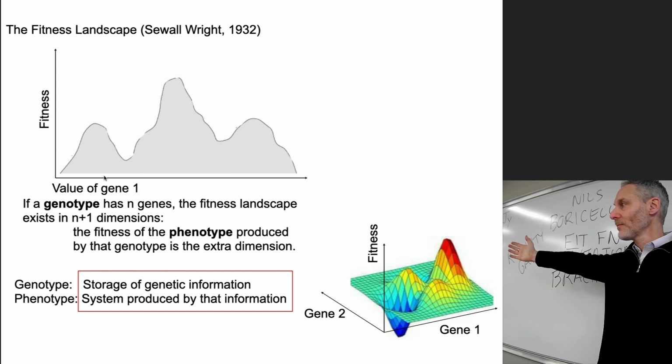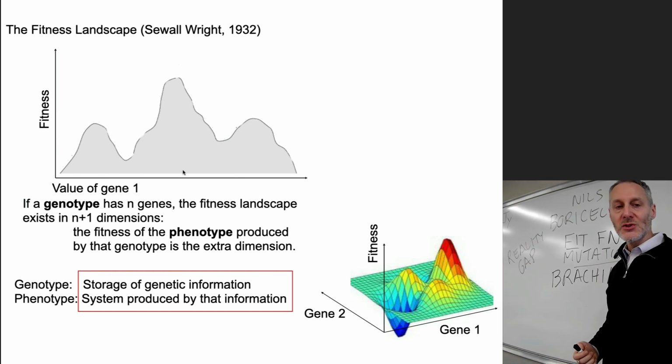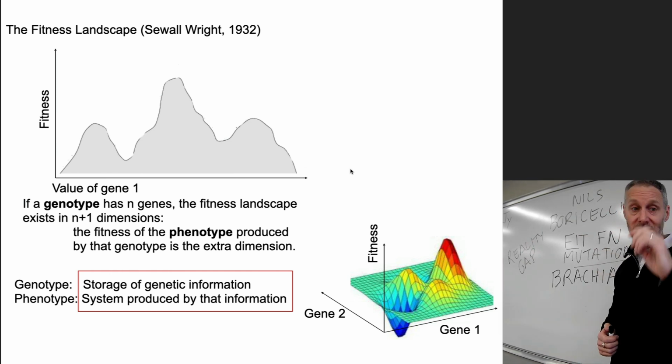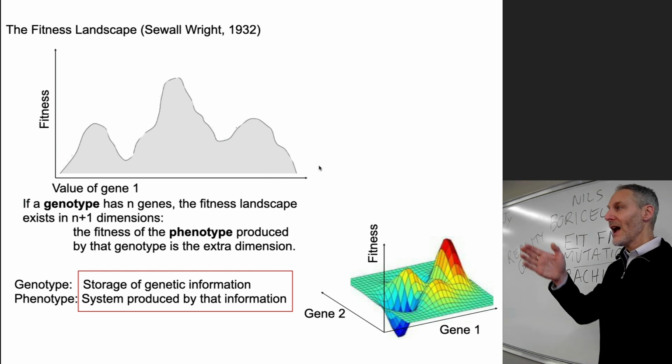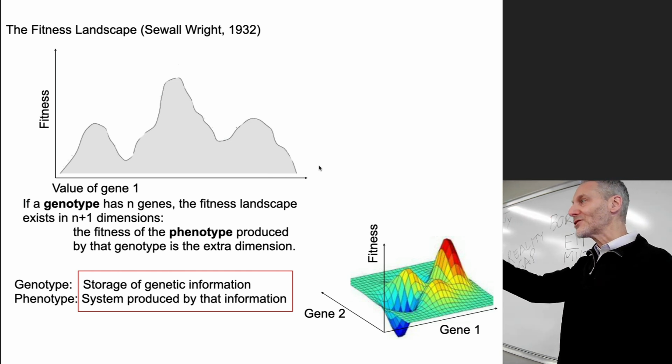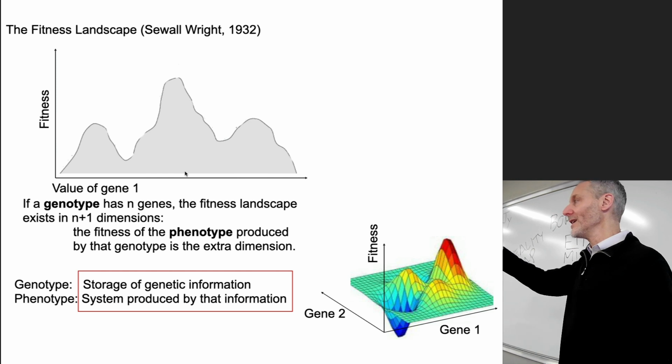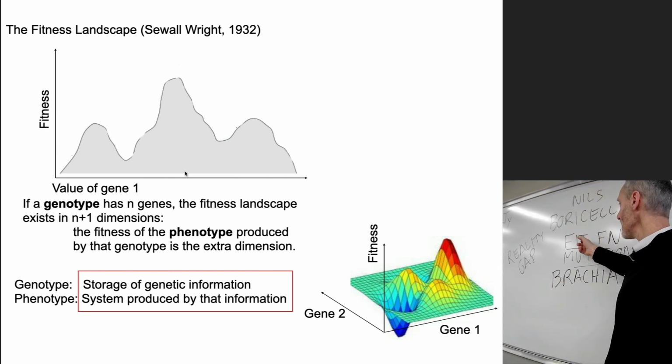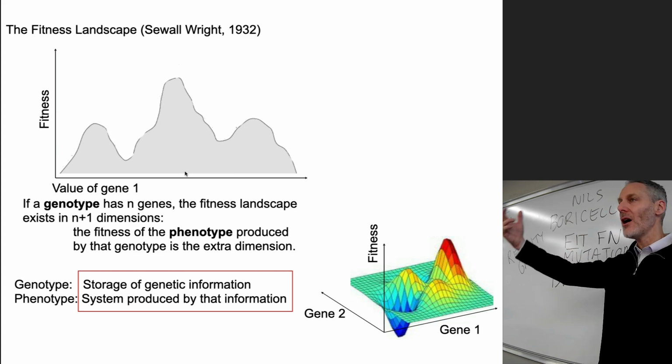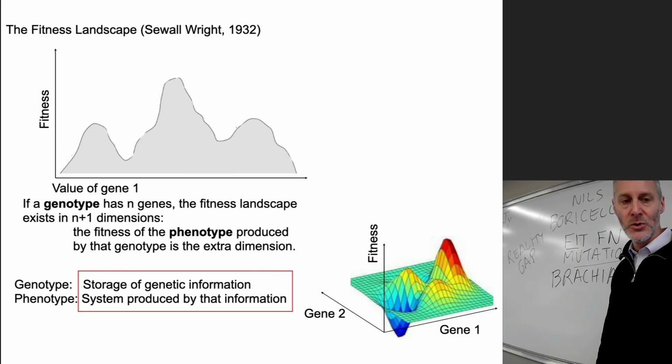So far, so good? Okay, we're going to arrange those values along the horizontal axis of our fitness landscape, and we're then going to observe each of these infinite organisms and measure their fitness. How well or how poorly do they fit in their environment? How long do they live? How many offspring do they produce?